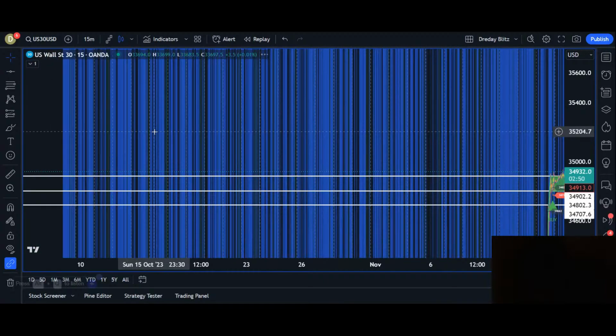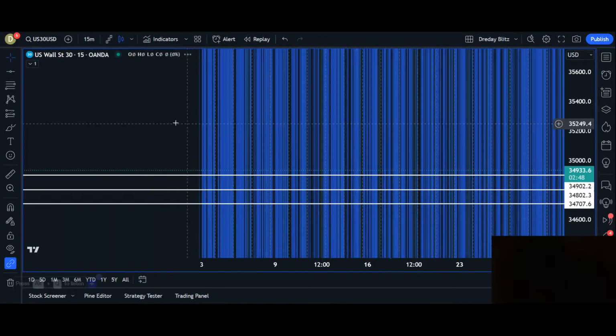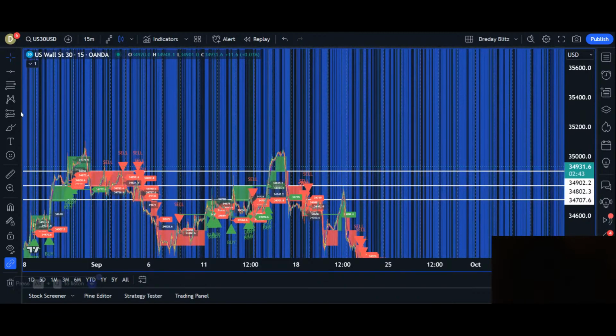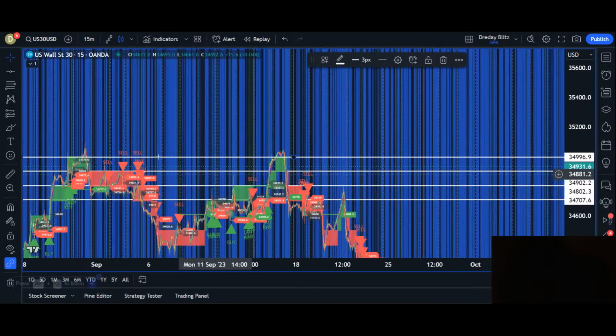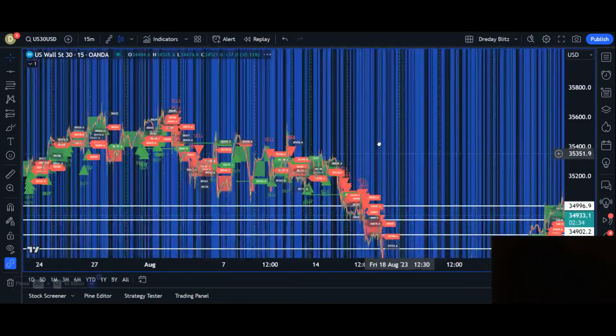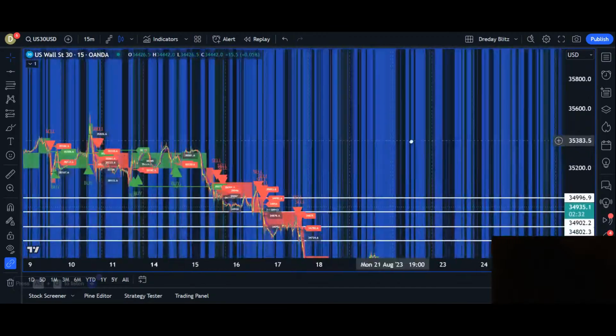Okay, so let me go in the past and plot my zone. So next zone is here. Okay. As you can see, you have more zones right here. So I'm just going to zoom in.